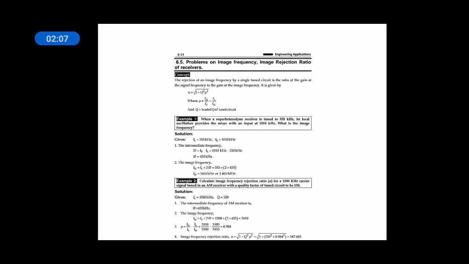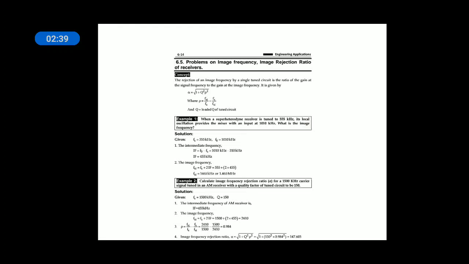Before solving, let me explain what image frequency and image frequency rejection ratio are. The image frequency is one which has a value of double the IF above your desired frequency.